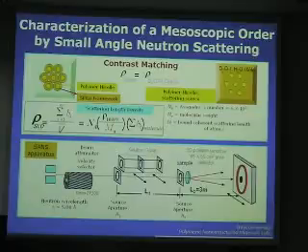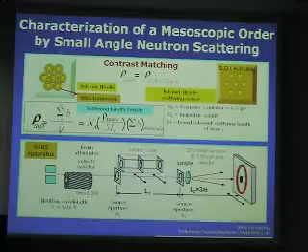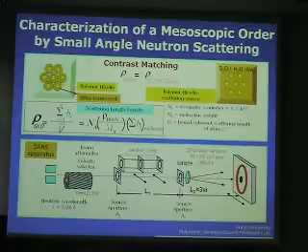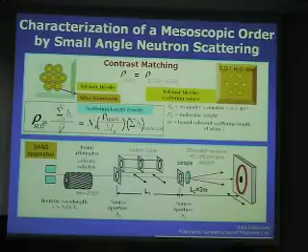The bottom here shows the SANS setup at HANARO in Daejeon, Korea, and we use a neutron wavelength of 5.08 angstrom. To have a contrast matching between the silica and the solvent media, we add a certain amount of D2O in the solvent media so that only the micelle is scattered by the neutron.